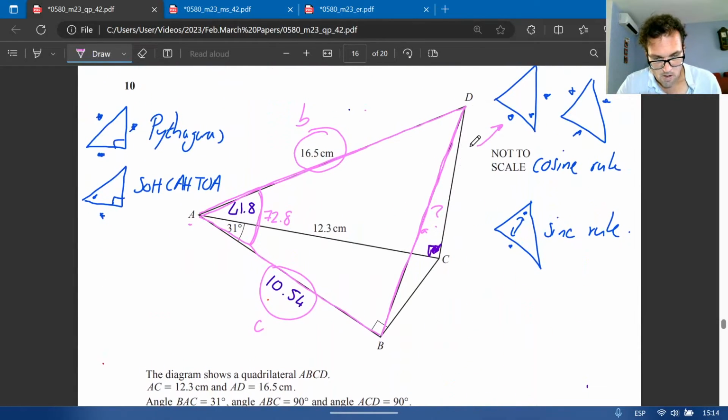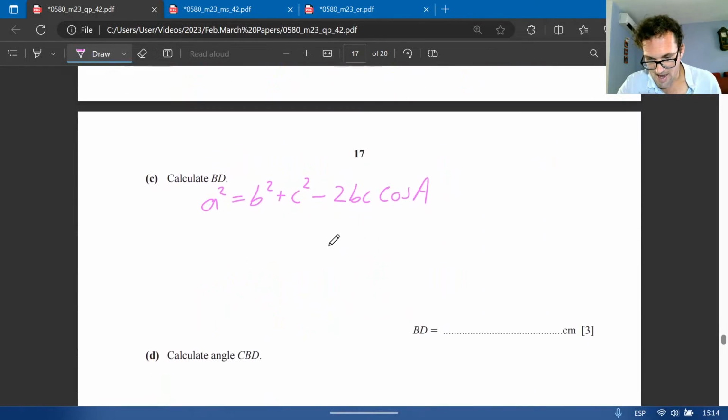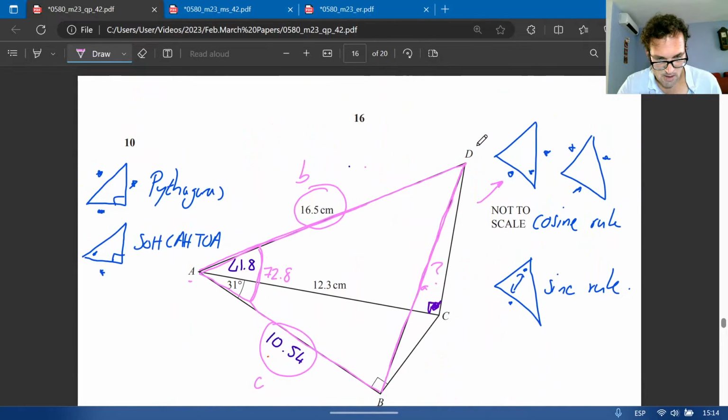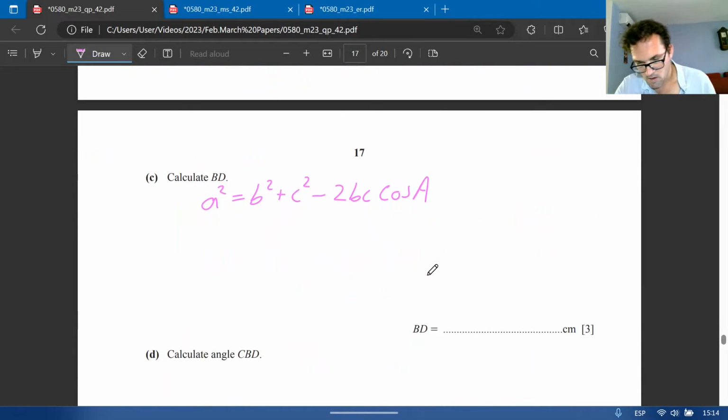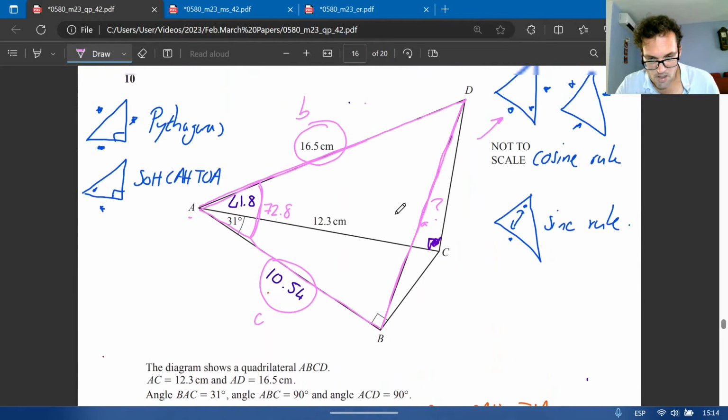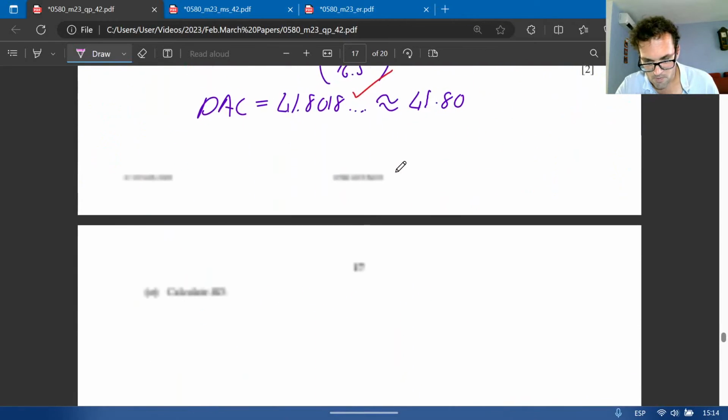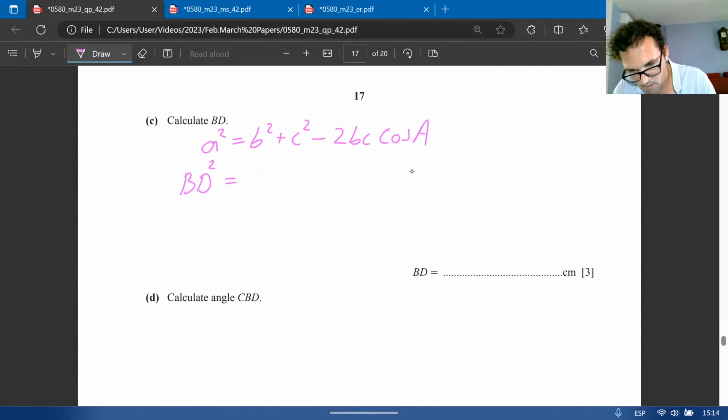So what we refer to as A, that is BD, what we want to work out. So we'll write this BD equals, then like I said, B, we made that 16.5, but if you swap it around, it doesn't matter.